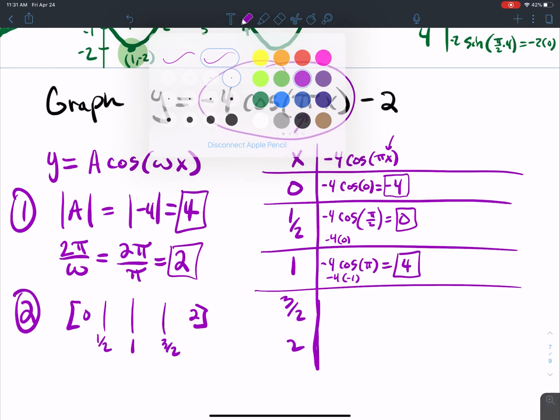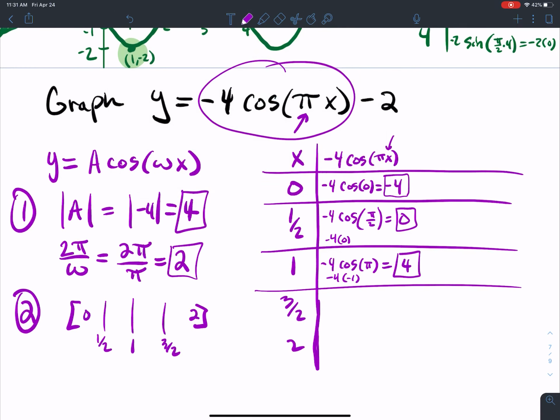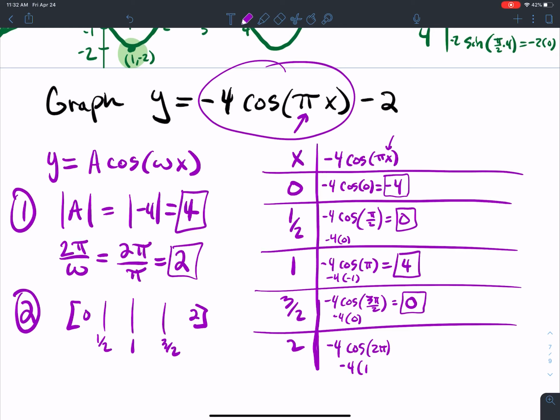The next one here, 3 over 2, so -4 cosine 3 pi over 2. Cosine of 3 pi over 2 is 0, so that's -4 times 0, which is 0. And then 2 here, once again, so if I plug in a 2, I get cosine of 2 pi. Cosine of 2 pi is 1, so that's -4 here.